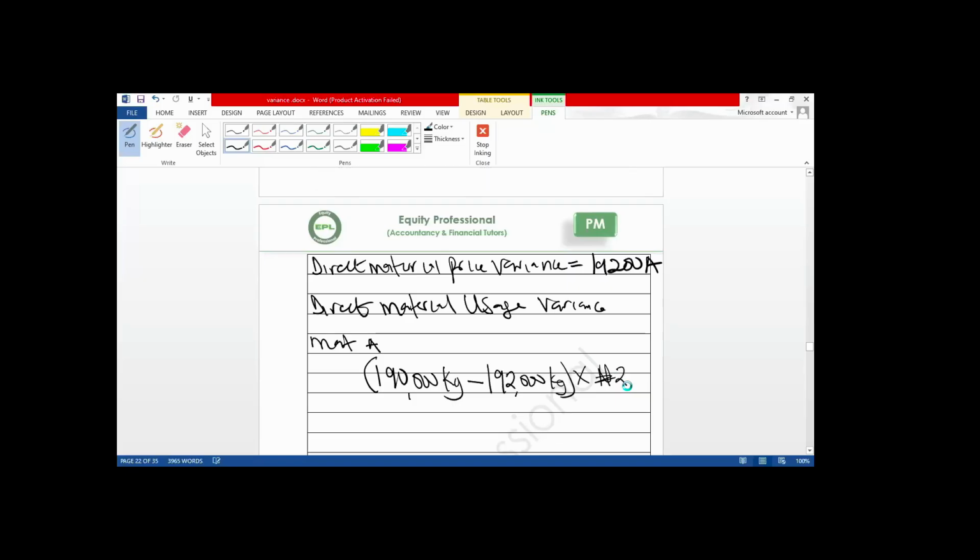Work this out. This is like 4,000 naira adverse. Material A, we have an adverse variance.